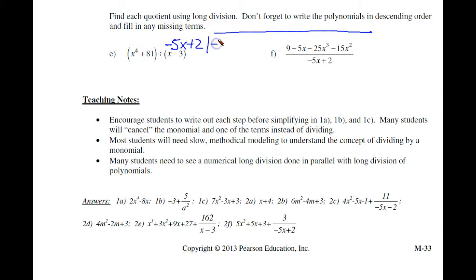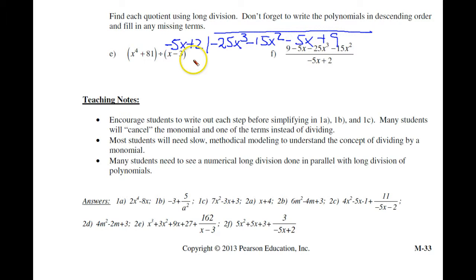So here, this is going to be a negative 25x to the third. Then we're going to have a negative 15x squared. Then we have a negative 5x and a plus 9. So 3, 2, 1, 0. And our signs are correct.